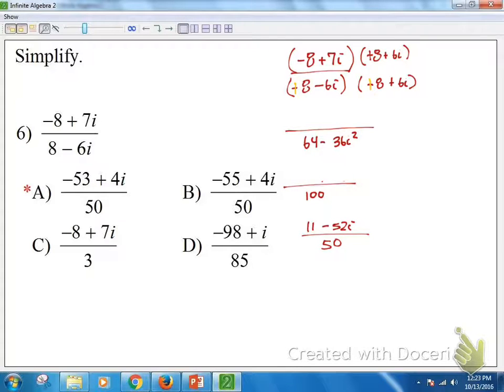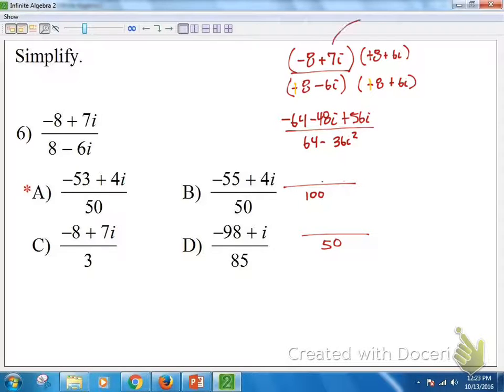Okay, went too fast with you kids. I'm sorry about that. Got to slow down here. Okay, so negative 8 times positive 8 is negative 64. I'm doing the numerator here. Negative 8 times positive 6 is negative 48i. And then positive 7i times positive 8 is positive 56i.